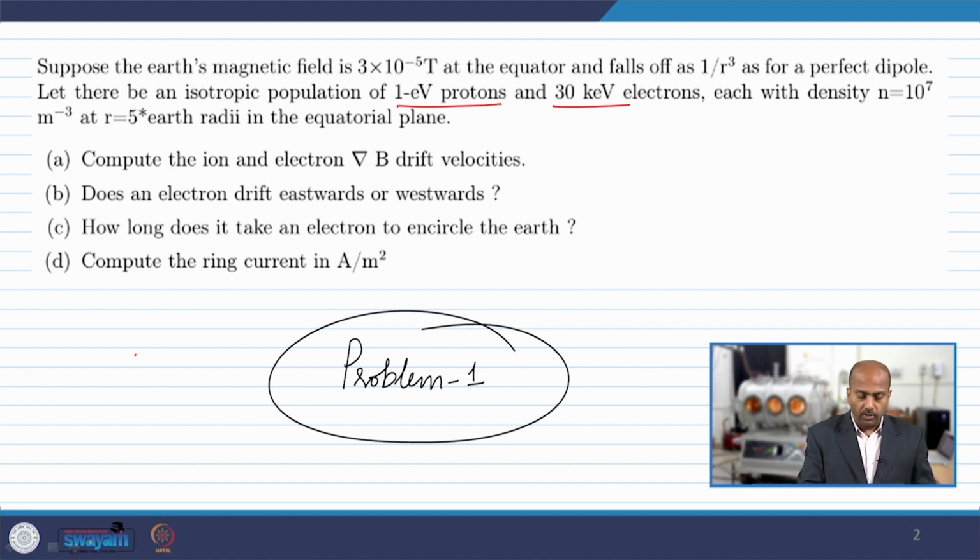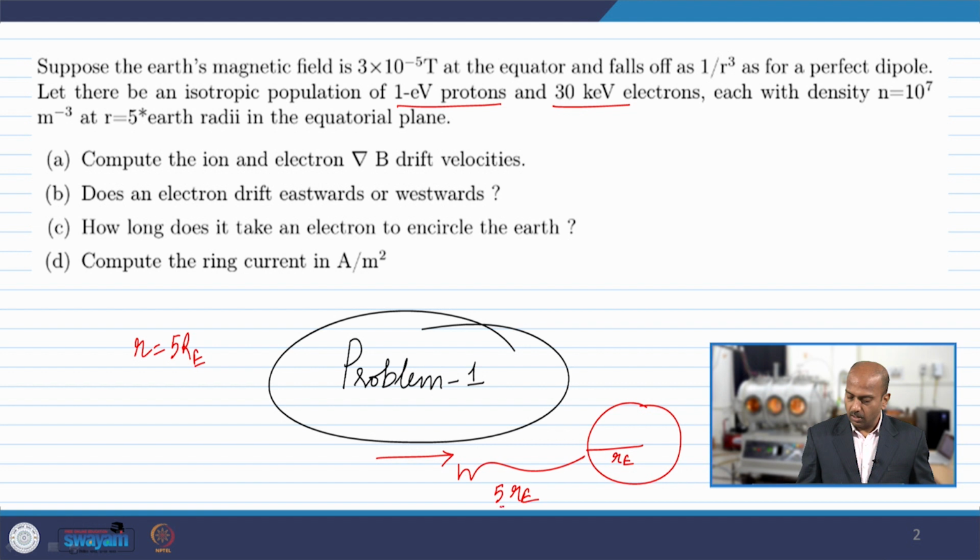So, we will write r is 5 Re. You take the Earth, the plasma is coming towards the Earth, and we have to perform our calculation at a distance of, if this is Re, this distance is 5 times Re in the equatorial plane.